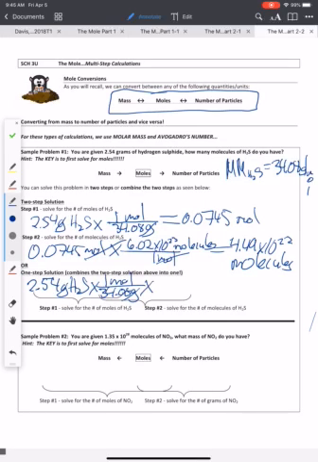At that point we'd have moles, but we're not going to multiply that out yet. We do the second conversion, from moles into molecules. So we multiply by 6.02 times 10 to the power 23 molecules over 1 mole. You can see our mole units cancel and we're left with molecules.